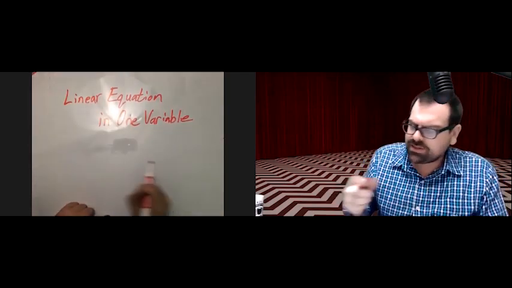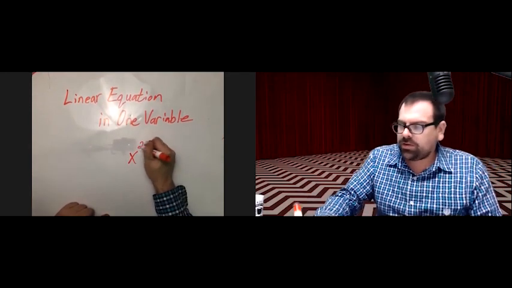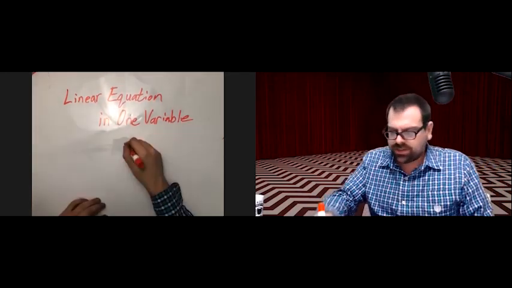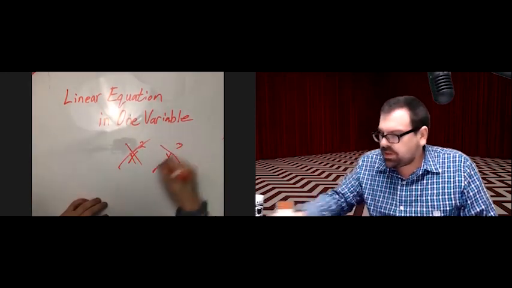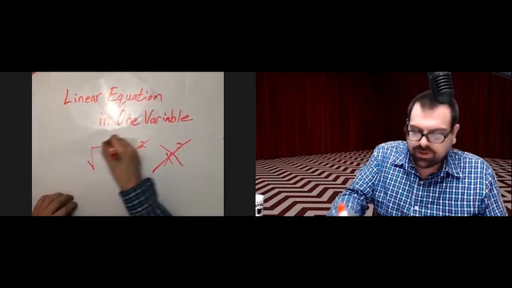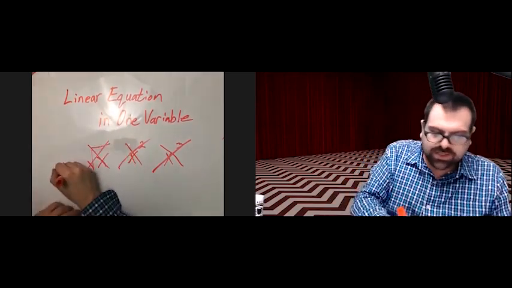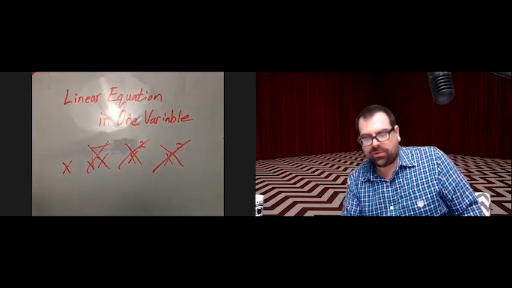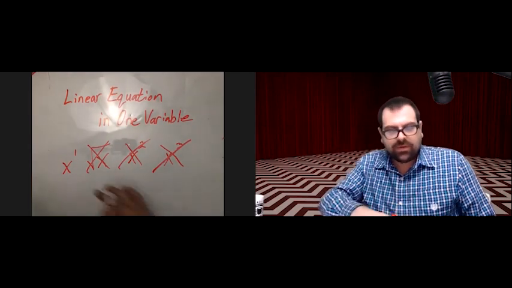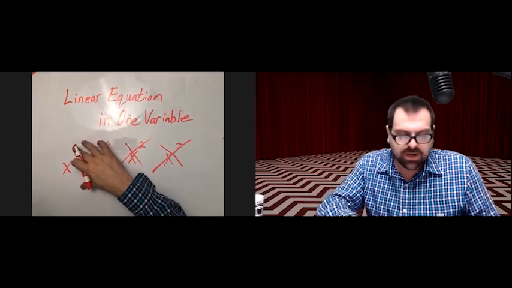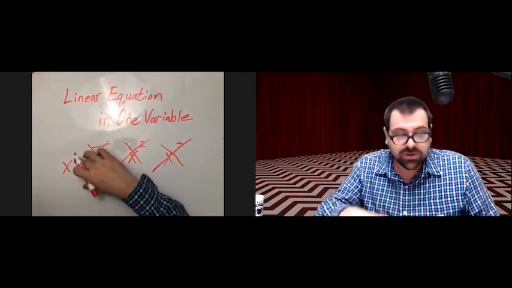Linear equations are not going to have x squareds. They're not going to have x cubes. They're not going to have square roots. They're just going to have the variable raised to the first power. And anything to the first power is itself. So just like a 1x, we don't write the 1x to the first.